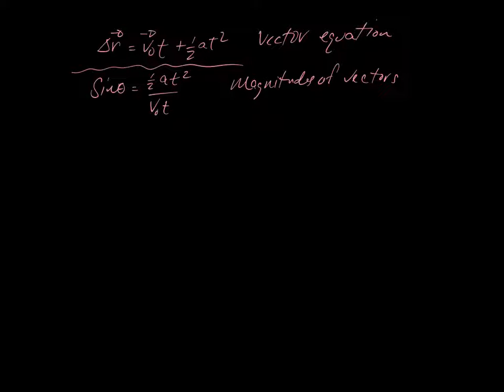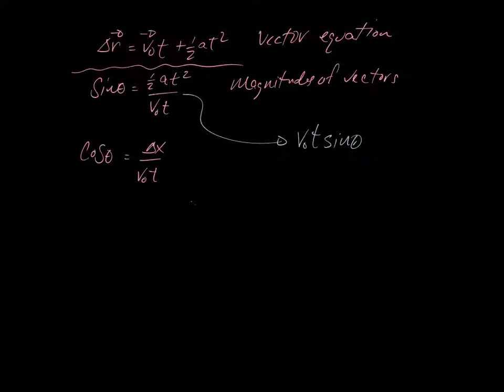Okay? So cosine theta is going to be delta x, the length of that vector, divided by v naught t, right? So what I can do now is using this relationship here, I could say that v naught t sine theta has to equal 1/2 at squared.